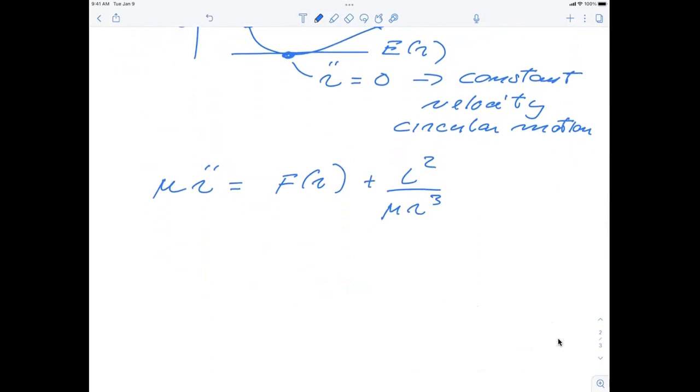And for a potential like the gravitational potential, minus alpha divided by R, that leads to a force with radial degrees of freedom, which is equal to minus alpha divided by R squared. And we are going to show now that this has an analytical solution.